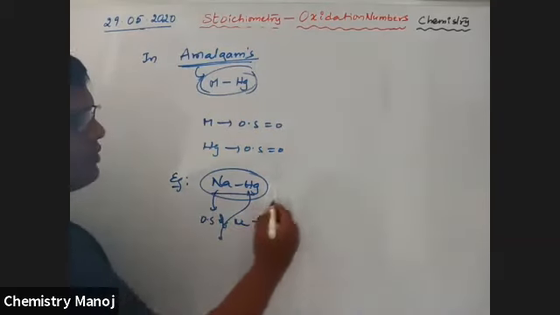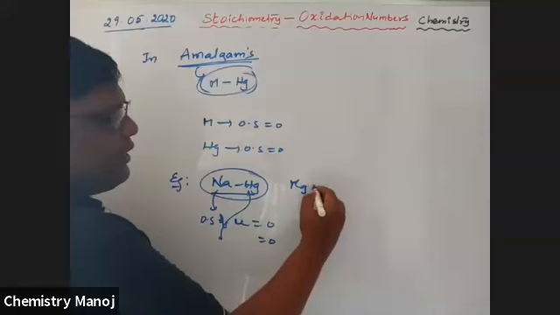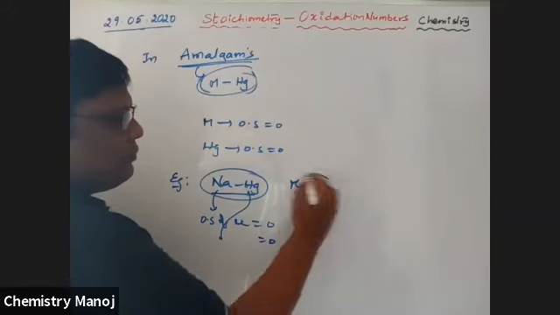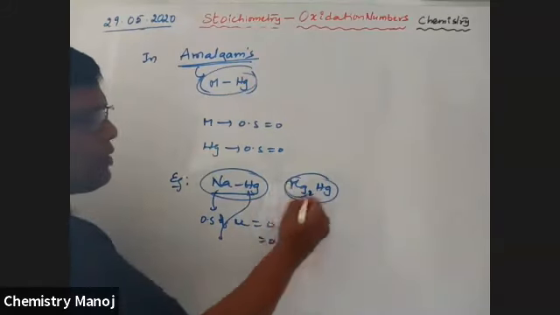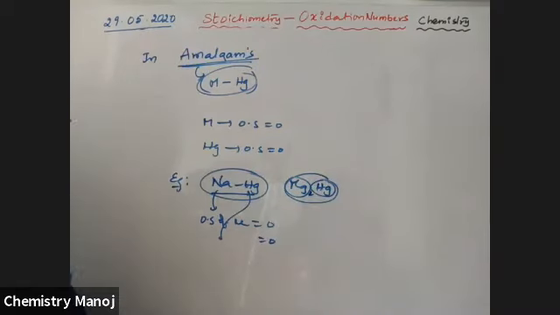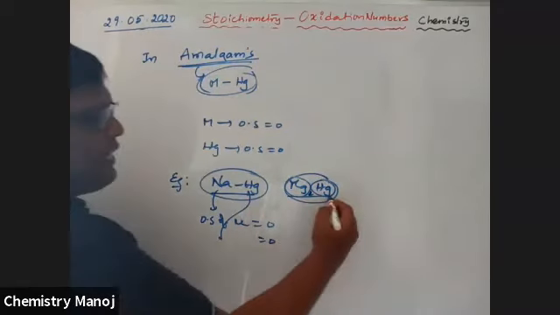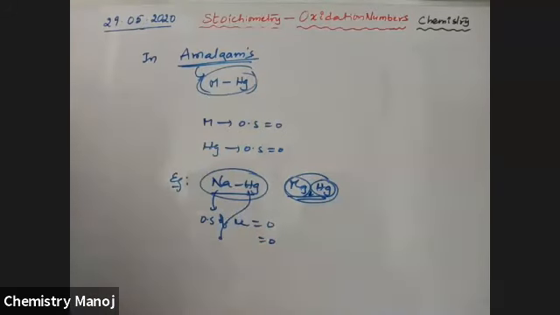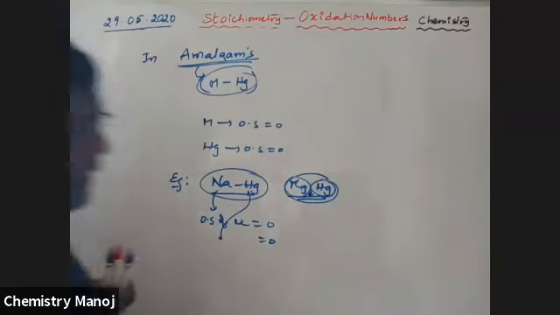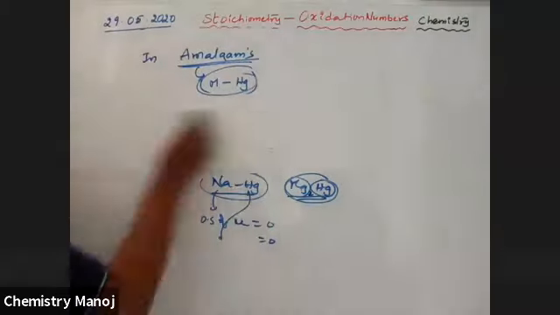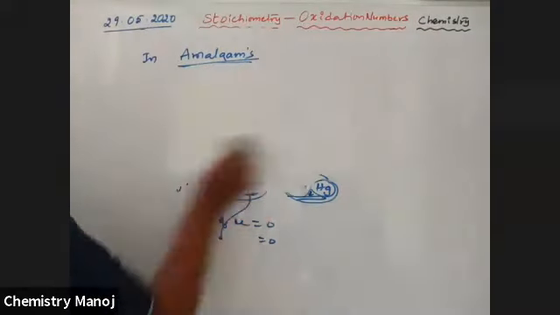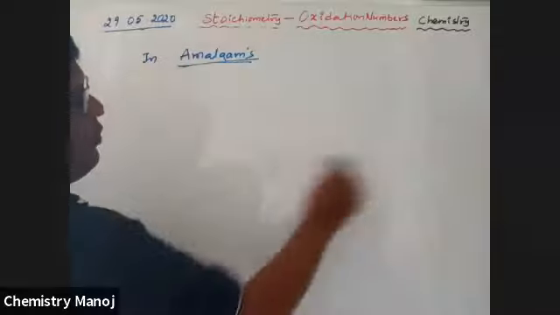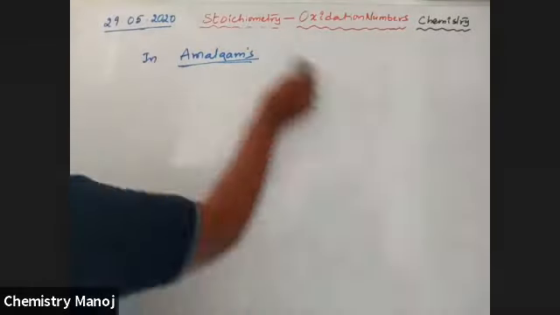So in amalgams, for example, Mg2Hg, magnesium oxidation state 0, mercury oxidation state 0. So in these cases, metal oxidation state is equal to 0. Mercury oxidation state equal to 0. Please keep in mind.